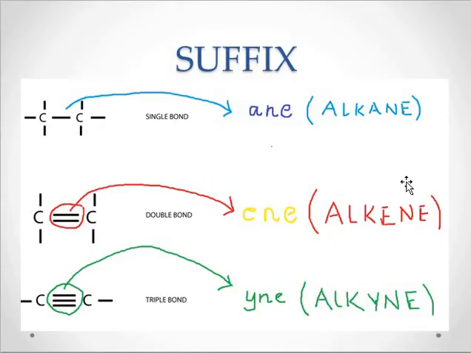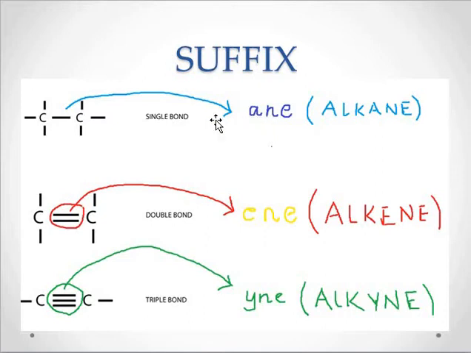Then we'll come to the suffix. Suffix means it comes after the root word. Always remember, whenever there is a single bond between 2 carbon atoms, we call it ane. We use the term ane; actually it is derived from the term alkane.